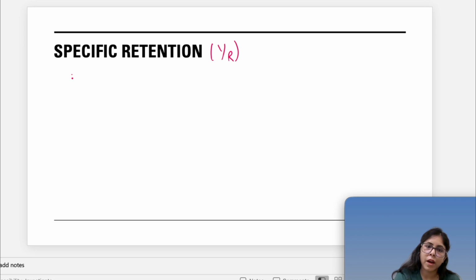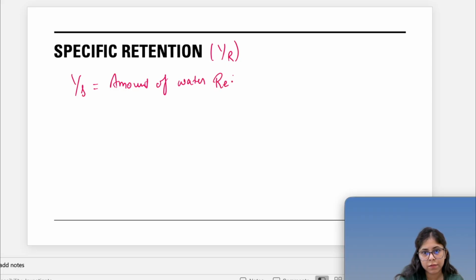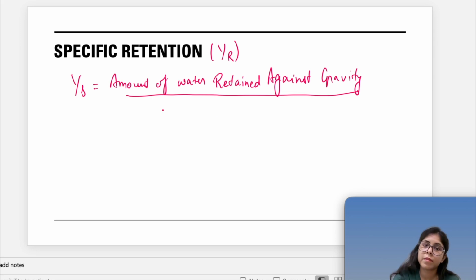If I want to define it, it's simply the ratio of the amount of water which was retained against gravity, divided by the amount of medium drained.